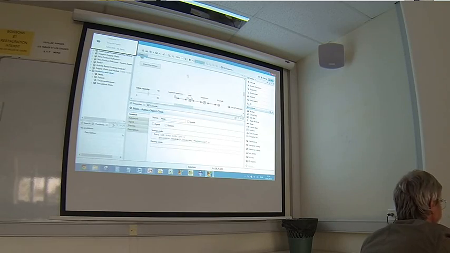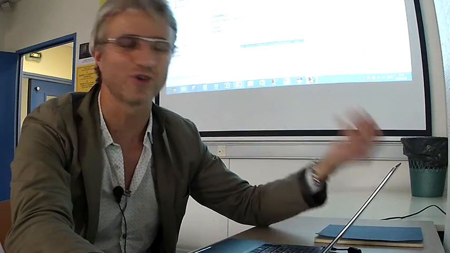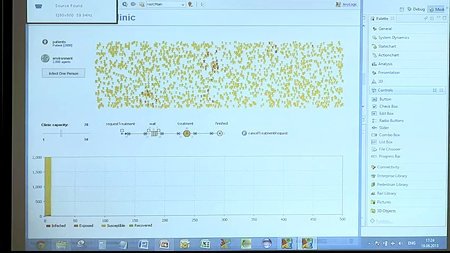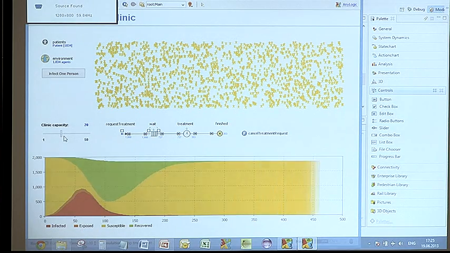Same thing, but you have this cancel treatment request function, which is called when the patient is not treated, and it removes entities from the clinic. And the behavior is slightly different, of course. This is with 20 beds.